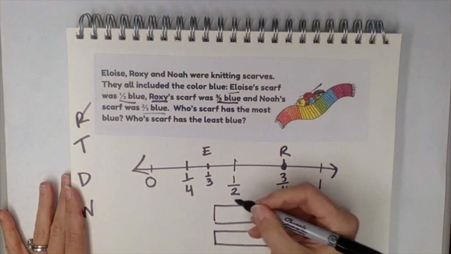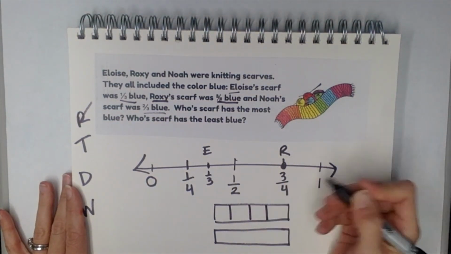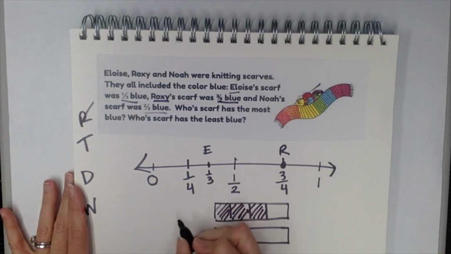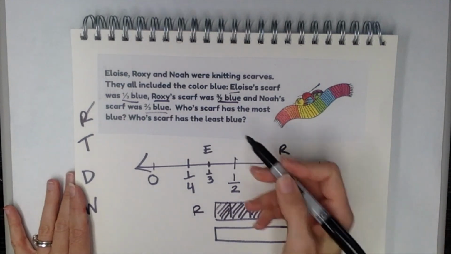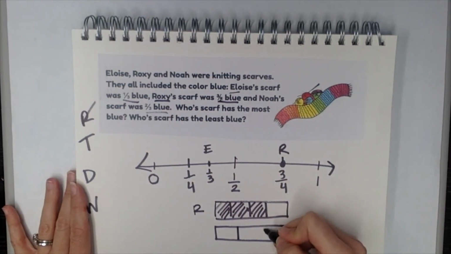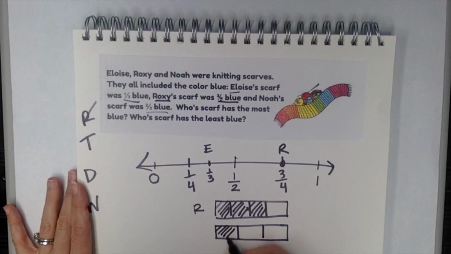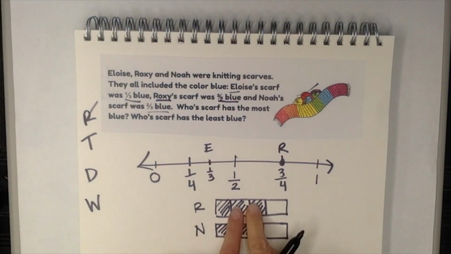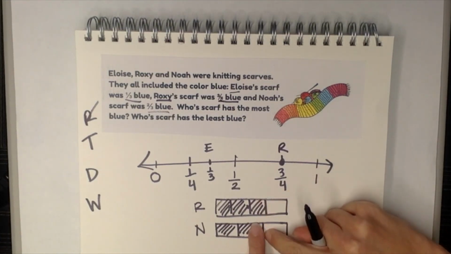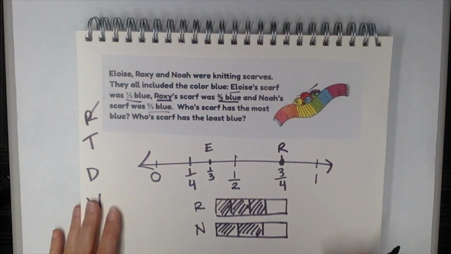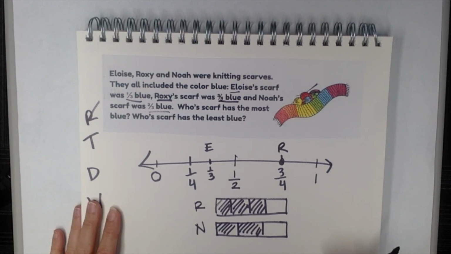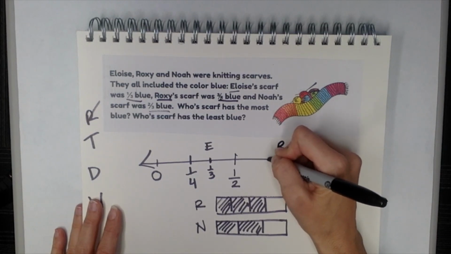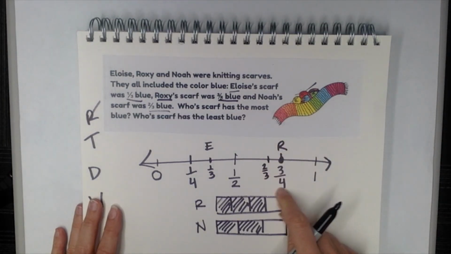I'm going to draw my bar diagram and shade 3/4 for Roxy, and I want to make sure I do 2/3 for Noah. And I can see here that while they're really, really close, 3/4 is just a little bit more than 2/3. So I can see that 2/3 is less than 3/4.